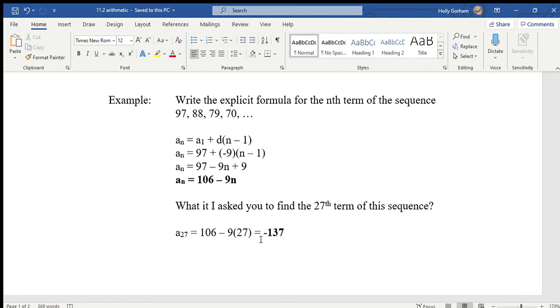We substitute -9 for d because that's what we're adding. When you distribute that -9, notice that you get -9n plus 9, and combining our like terms would give us 106 minus 9n. If you want to write it as -9n plus 106, that's fine. So if I ask you to find the 27th term, you just plug in 27 for the n, and you'd get -137.